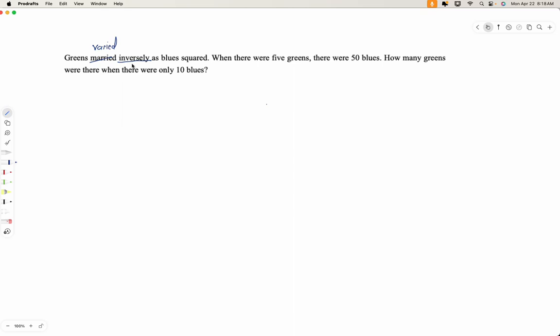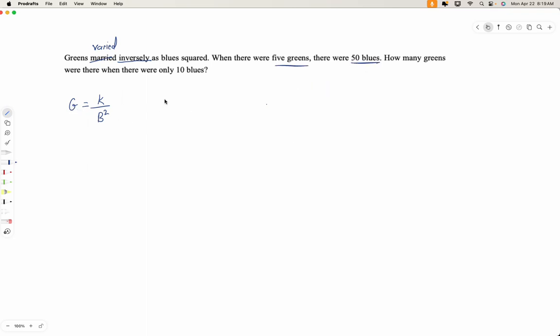Greens varied inversely. So what does that mean? When it says inversely, that's the key word. We know that that's division. So that would be greens is equal to K over B, and it says blues squared, so B squared. This is the formula that we need to use to solve the problem. The first scenario says that when there were 5 greens, there were 50 blues.